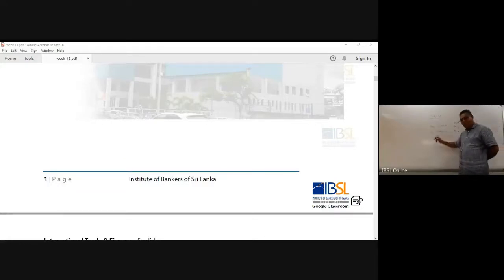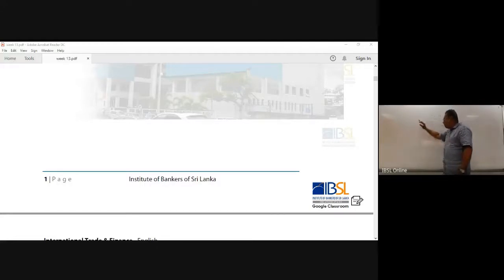On day 1 itself, this LC was amended. In other words, it was reduced. The value of the LC was reduced by $100,000. Now the new value is 100,000. So this party, we'll say the party's name is Fernando and company.